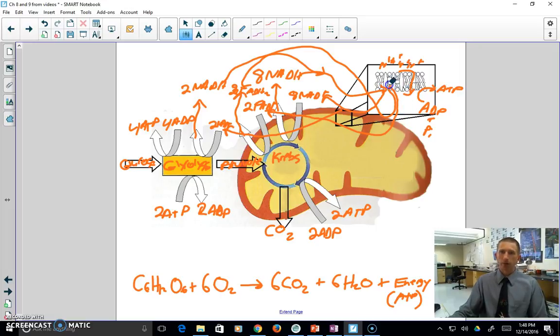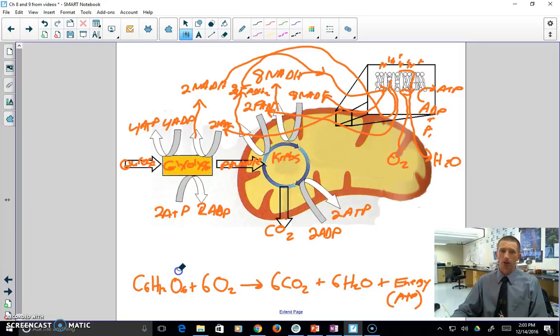And then we also have to get rid of these electrons because we can't have them clogging up the electron transport chain. So we're going to bring in some O2, and that's going to pick up the electrons from pump 3, and then it's going to combine with hydrogens, and make H2O, water.